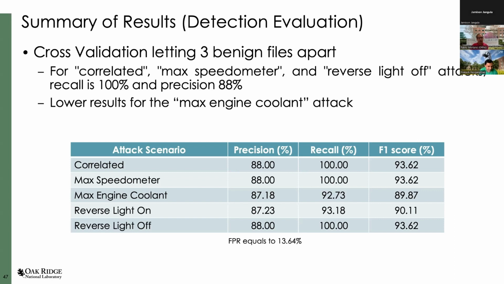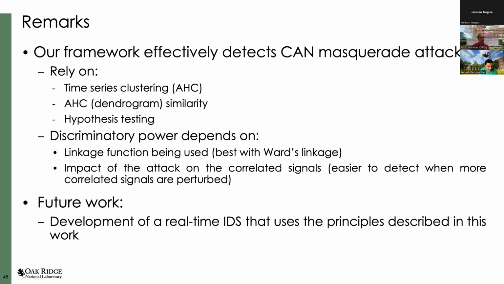In the majority of these cases we get detection rates in the 90s. This is promising because it shows that by using this assumption of correlations between signals, you can go deeper in the detection of these really advanced cyber attacks.